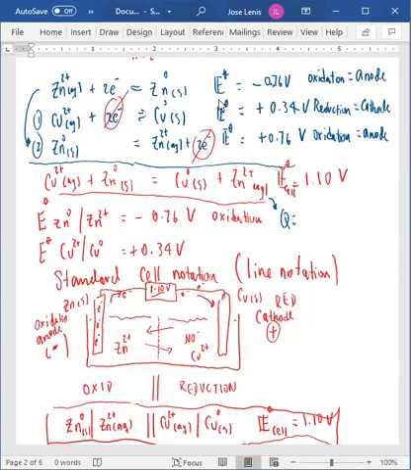This part is gaining electrons, so it is reduction, because electrons are on the reactant side. If electrons are on the product side of the equation, then you have an equation written as oxidation. This equation here is written as reduction. So if you reverse it, it's going to be the opposite.